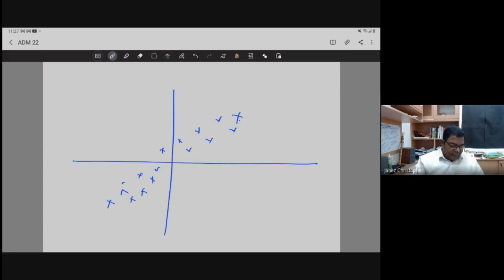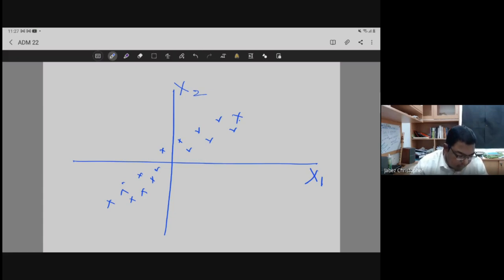Suppose I have a set of points. What do I observe here? The variability across x1 and variability across x2, or the variance across x1 and x2, are somewhat similar, right? Variability across x1 and x2 are similar, and x1 is correlated with x2.